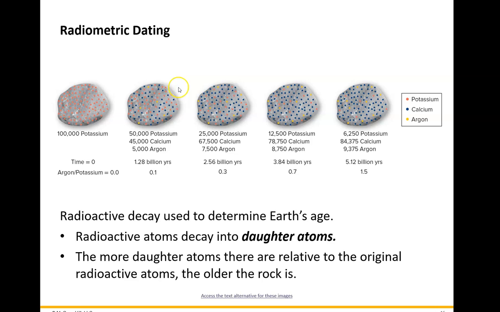So when we analyze these rocks that have potassium 40 in them, and we find argon, basically the ratio of potassium 40 in the rock versus the amount of argon, and also the amount of calcium, but that just makes it more complicated. But it can be done, right? It will allow you to figure out how old the rock is.